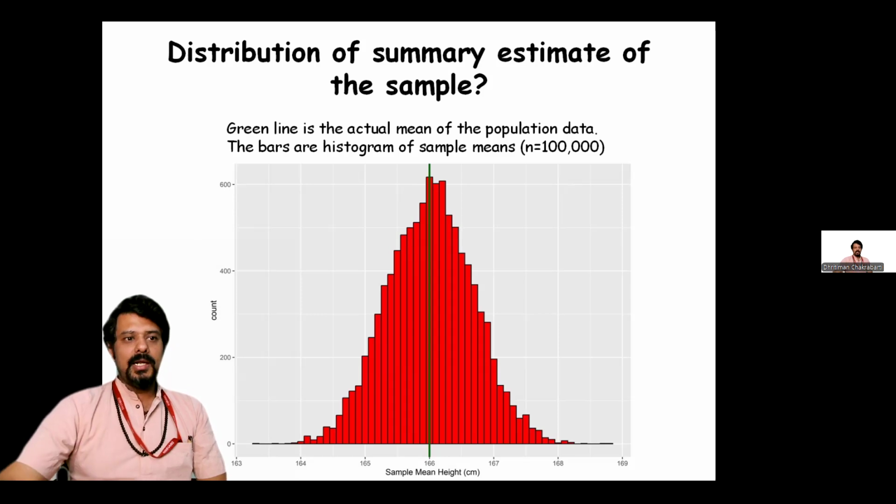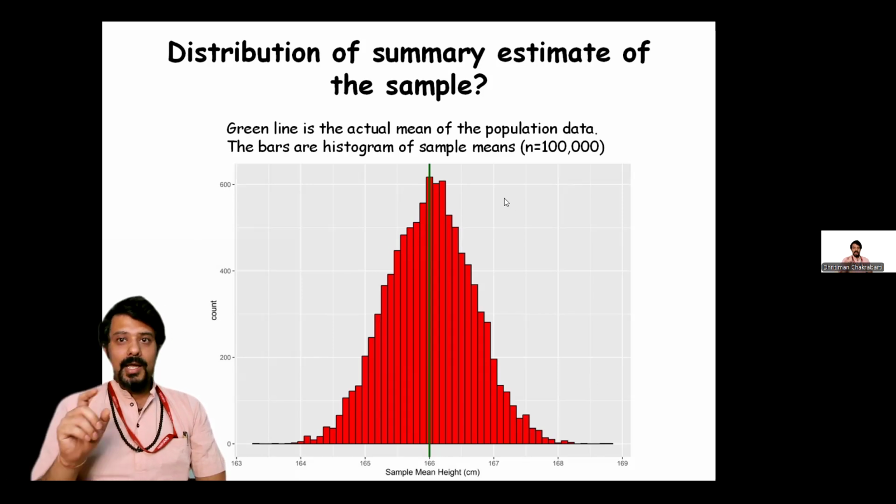But there are a lot of sample means which are smaller also, and a lot which are larger also. The interesting thing to see is that because the population itself was normally distributed, the distribution of the means of those randomly sampled data sets is also looking like a bell curve. This is one interesting thing.